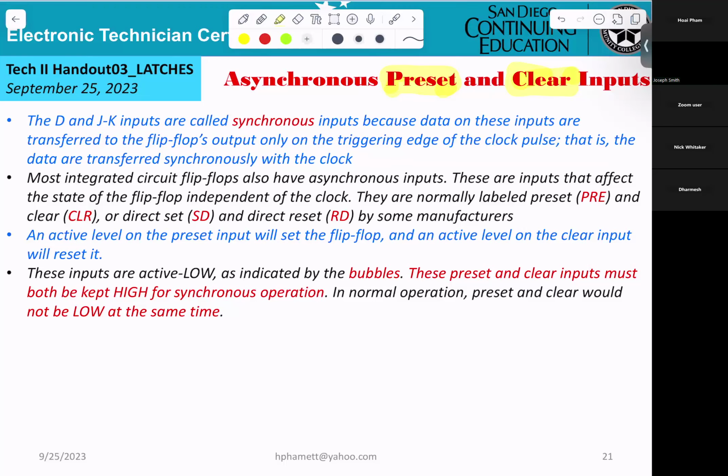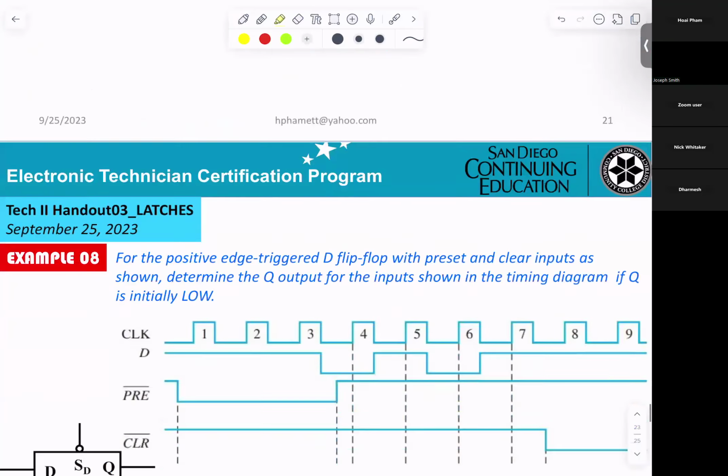And again, for normal operation, preset and clear must be high.